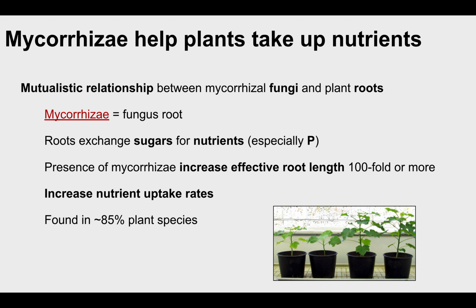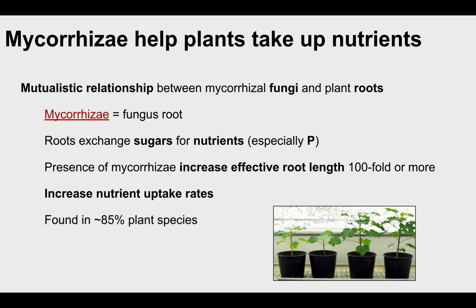So this mutualistic relationship, right, between fungi and plants, it's a really common relationship. It's found in like 85% of plant species. It's that important, right? And essentially what is happening is that the fungi are surrounding or growing inside of the roots of the plants, right?